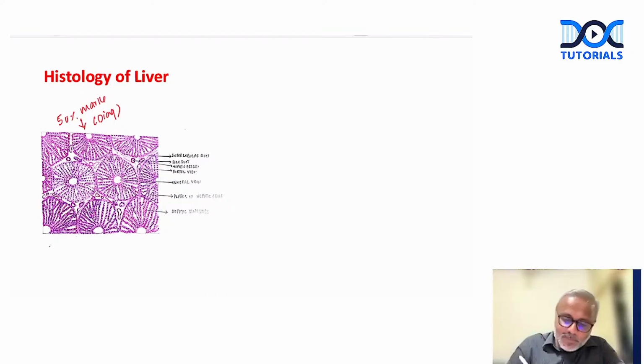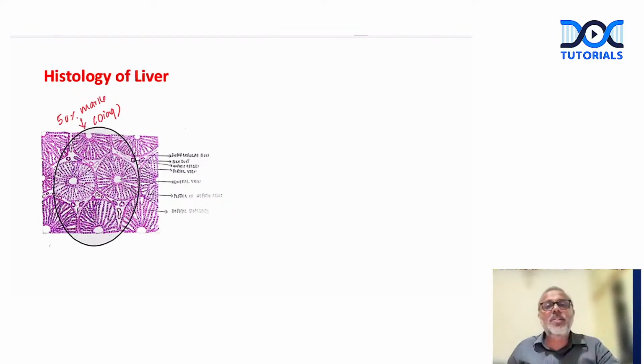The only requisite I would tell you is to always ensure that you draw the histology diagram using a circle. I know that it's not looking like a circle, forgive me for that oval shape, but draw a proper circle, a smaller one, and fit your diagram inside the circle.